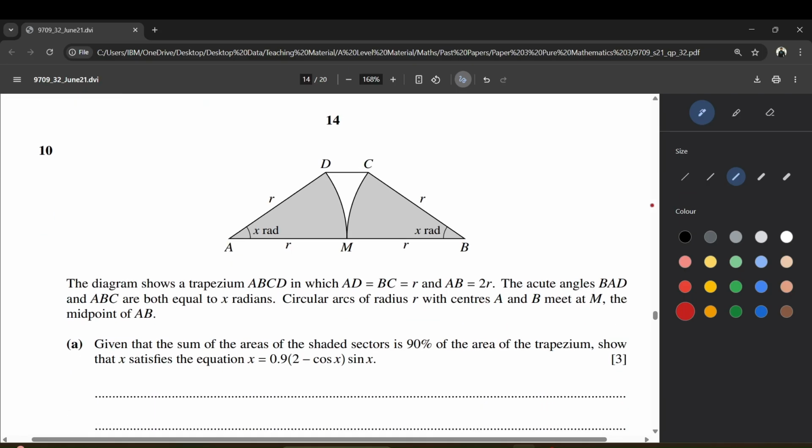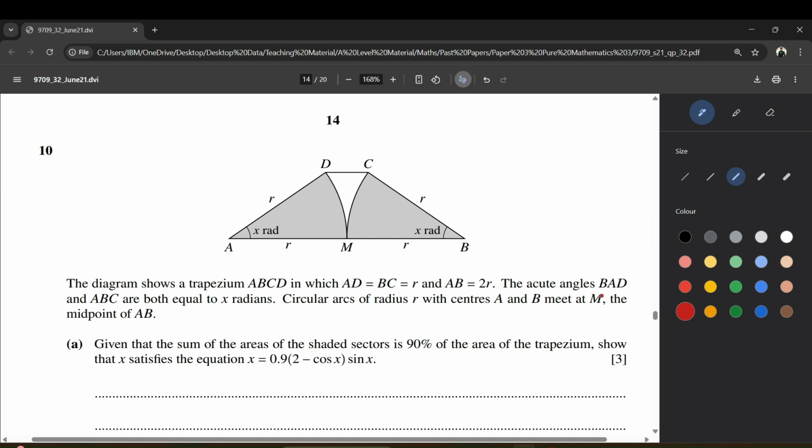Okay, question number 10. The diagram shows a trapezium ABCD in which AD is equal to BC equals to R. Okay, this is AD and this is R and this is BC and this is R. Okay, and AB is equal to 2R. Okay, this is AB. All right, so that is R plus R, which is 2R.